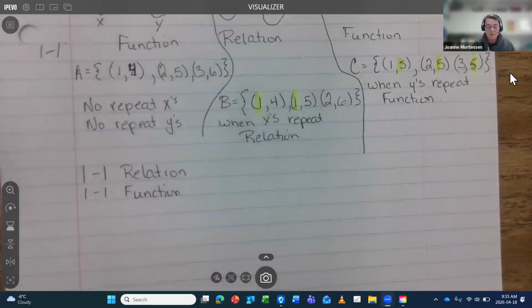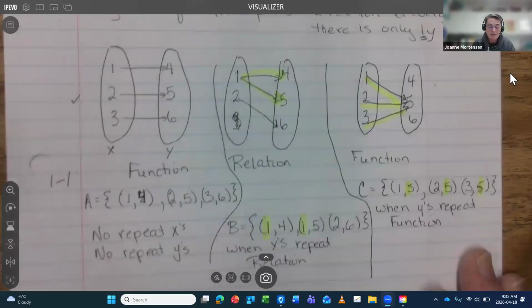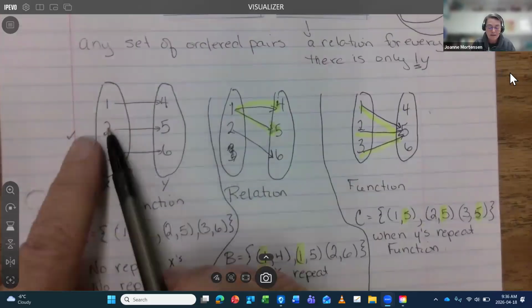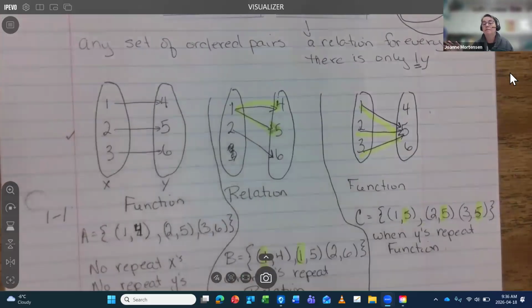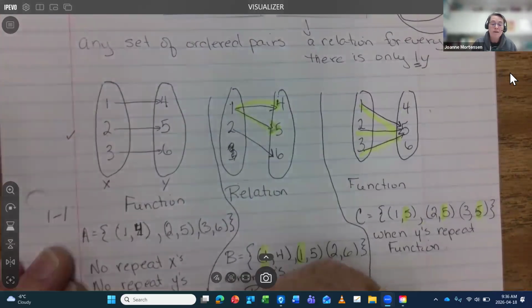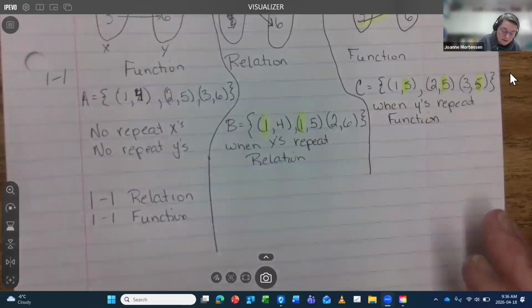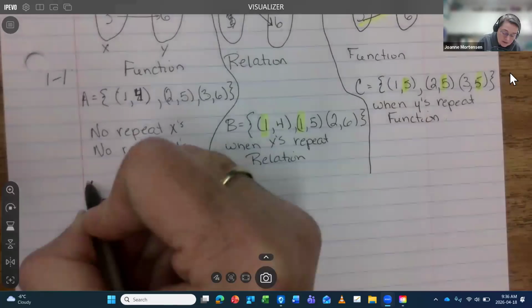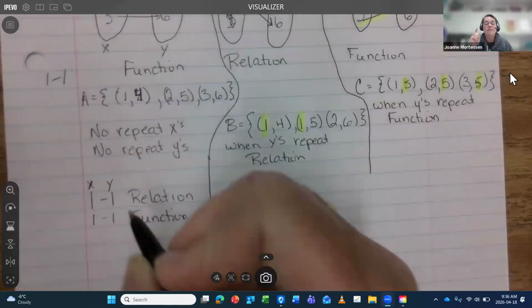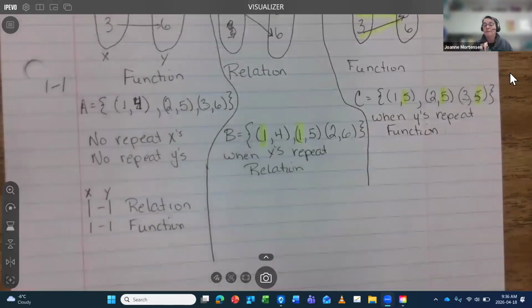The one-to-one part means, go back to here, look at how matchy-matchy it is. Everybody has their own partner. If we go back to my doctor analogy, everybody has their own doctor. Nobody's messing around. And when I talk about this, this is the X and that's the Y. So for every one X, there's one Y.